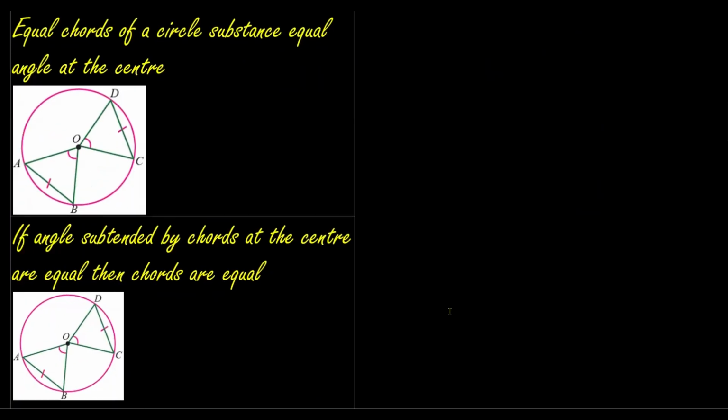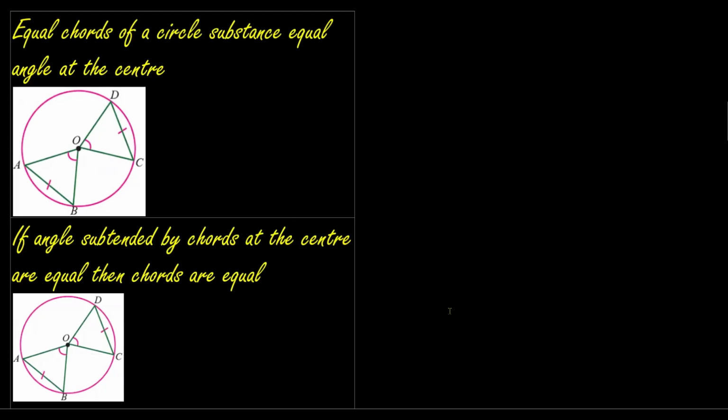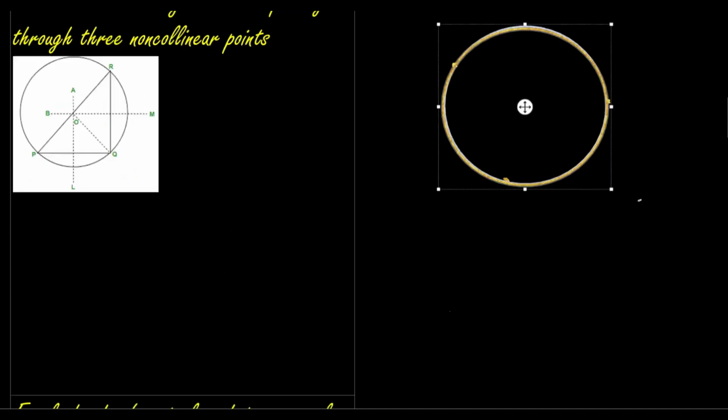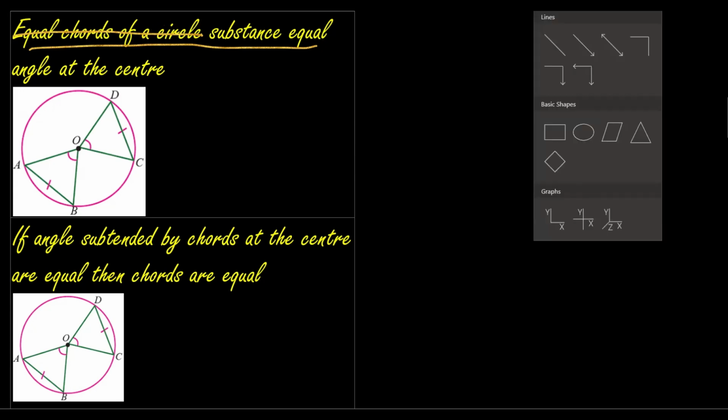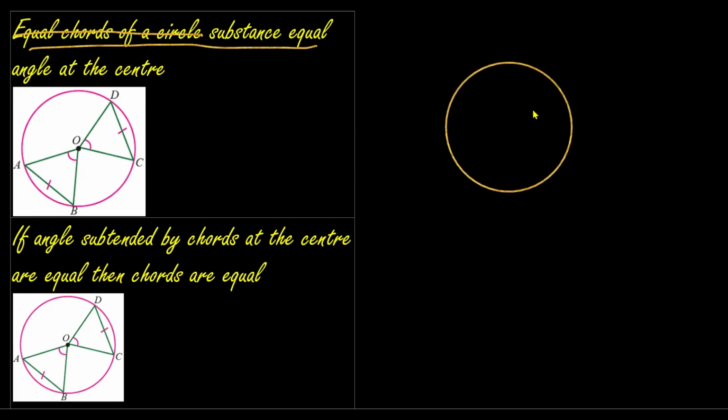Moving to the next. This is the property and its converse. The property first says that equal chords of a circle subtend equal angles at the center. So what is the meaning of subtend here? Let's say I make a circle here and I make 2 chords, and I keep the lengths of these 2 chords equal.